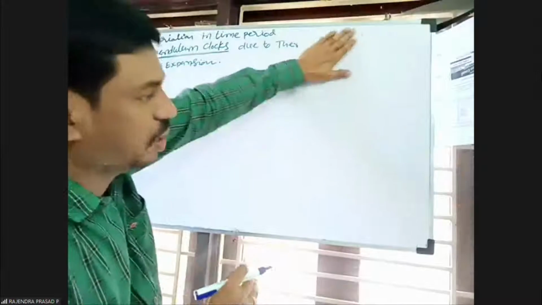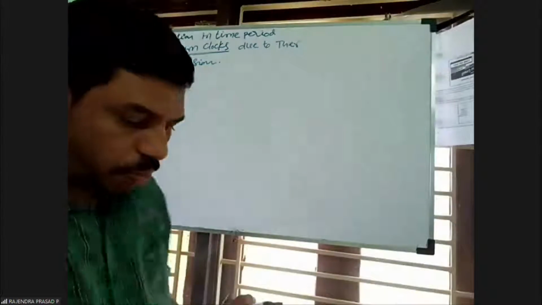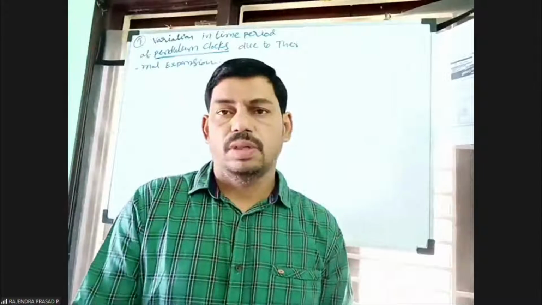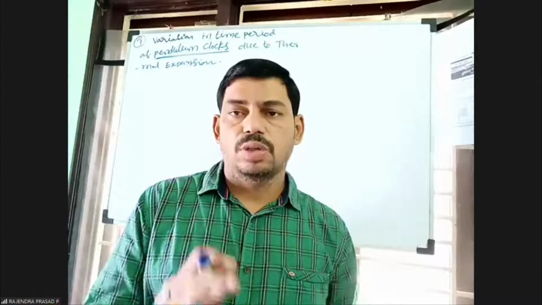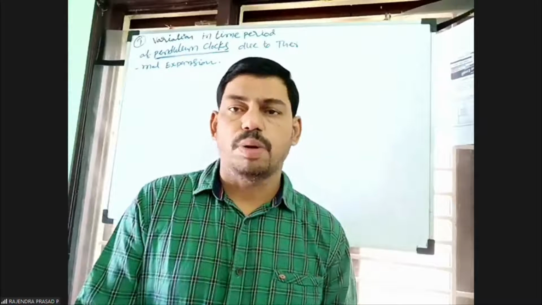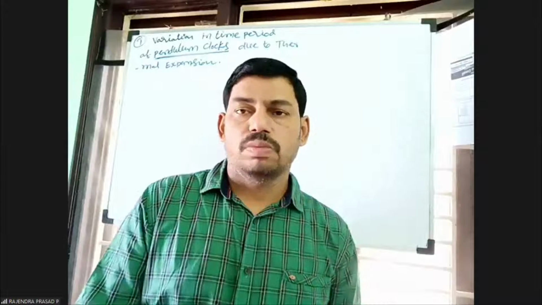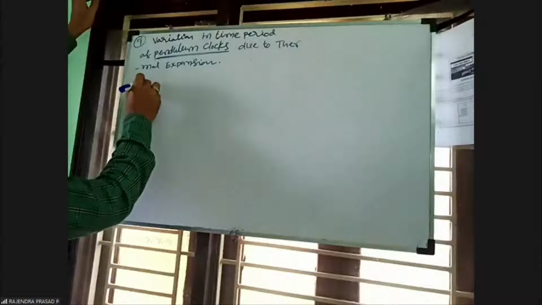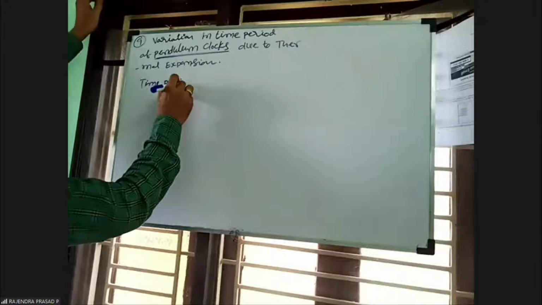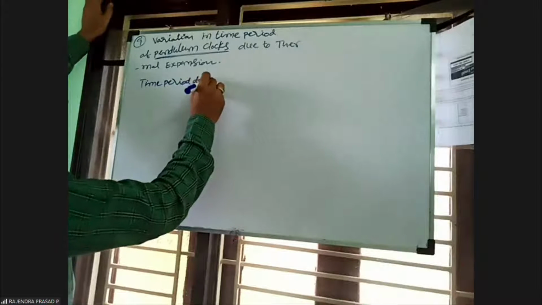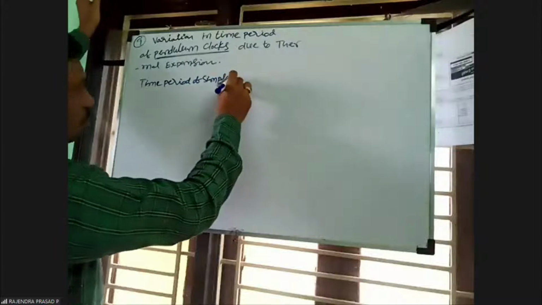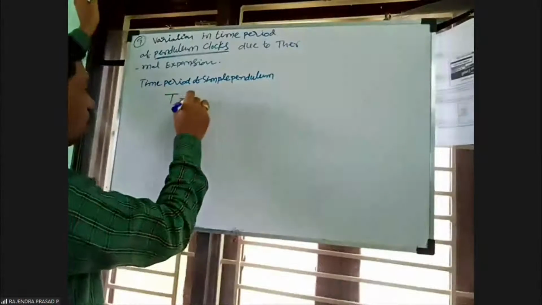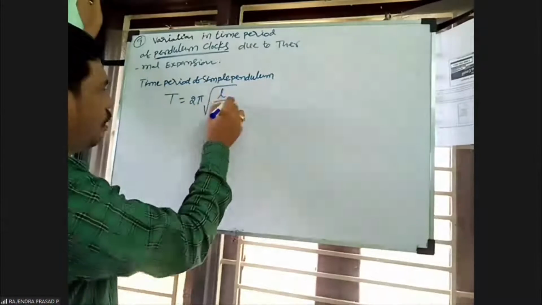This is the oscillation chapter. It is an 8 marks question to derive the time period of a simple pendulum. T equal to 2 pi root of L by g.